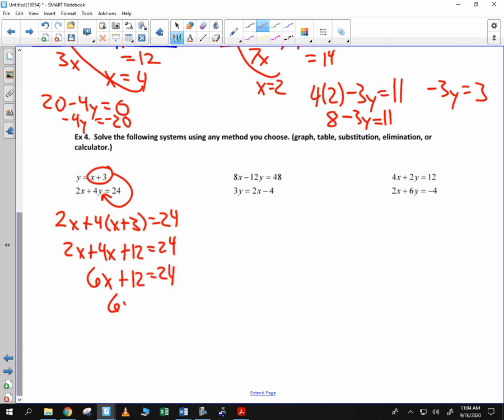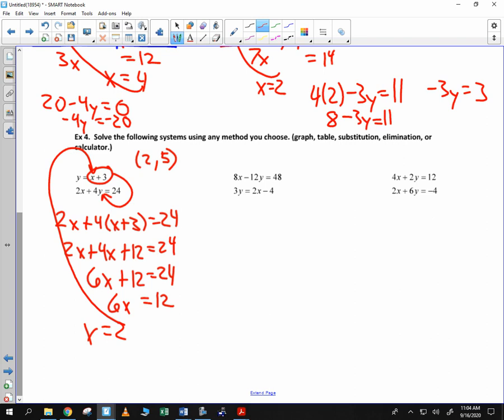Subtract my 12. 6x is 12. Divide by 6 and we get x is 2. Once you have 2, go ahead and plug it back in here. And you can see that 2 plus 3 is 5. So that's my solution. Elimination worked out.